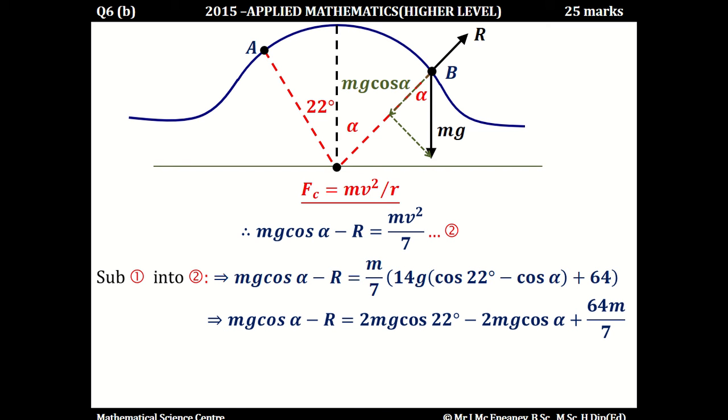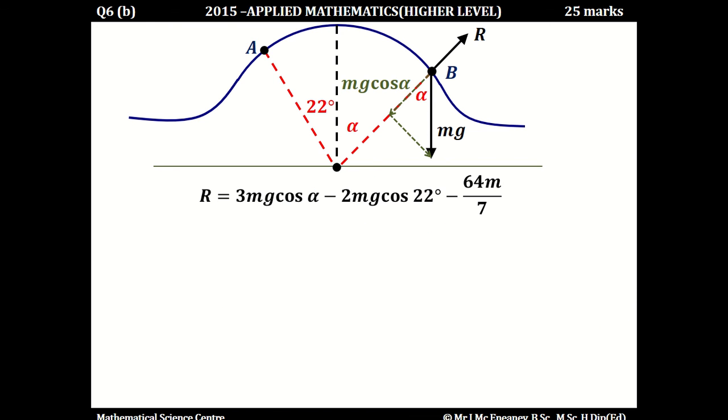Now the m's will cancel out everywhere, and if we get R on its own, R is going to equal 3mg cos alpha minus 2mg cos 22 minus 64m all over 7. So we can label that as equation number 3. So equation number 3 gives the reaction for different values for alpha.